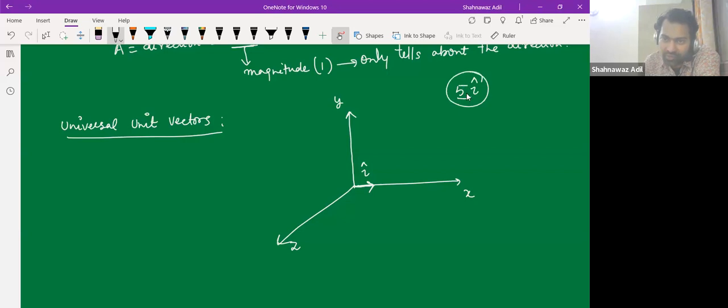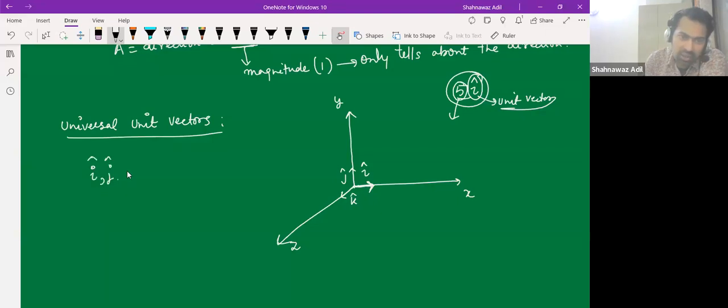This 5 tells about the magnitude, and this I hat tells about the unit vector, which is the direction. So in the X direction, the unit vector is I hat, in the Y direction, the unit vector is J hat, and in the Z direction, the unit vector is K hat. So I, J, and K hat are called universal unit vectors, the unit vectors in X, Y, Z directions respectively.